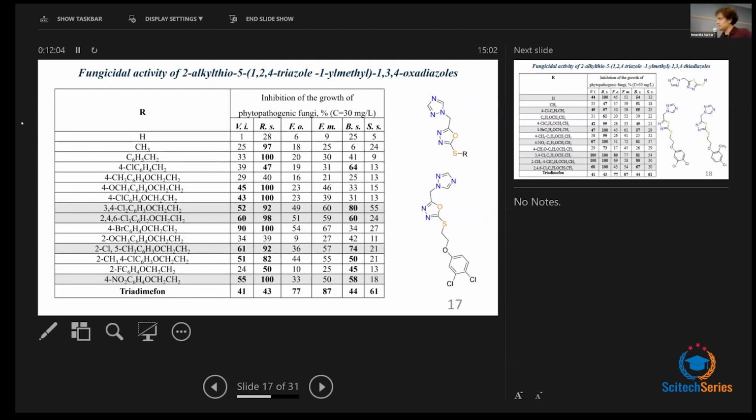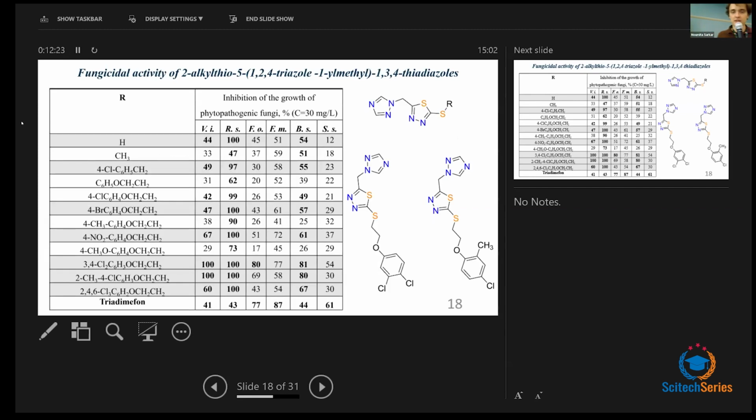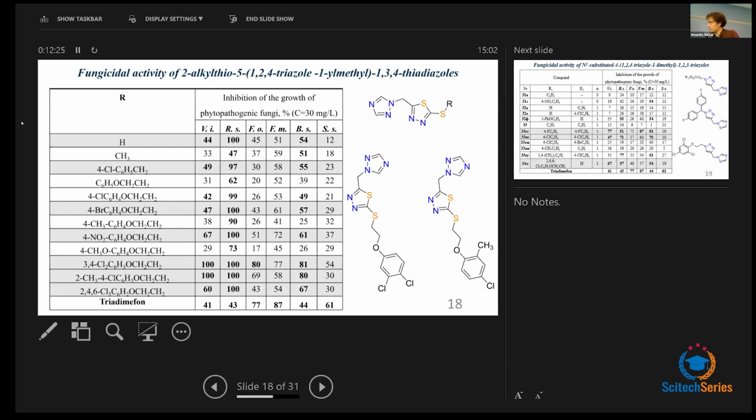This model works with other heterocycle in the middle with oxadiazole tails. This line of substances is more active than before. But most interesting compounds is thiadiazole tails.